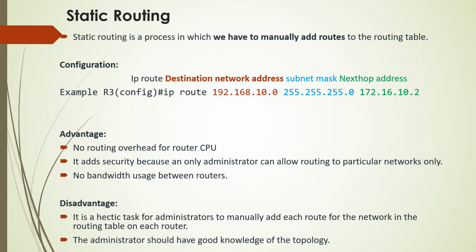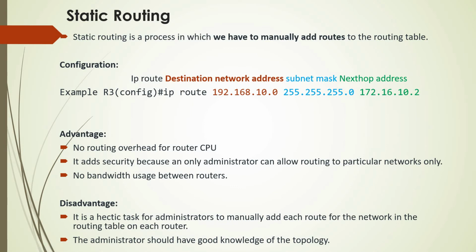Like that, the administrator has to set all the information for each and every router. This is the configuration rule: ip route, and the destination network address first, then the corresponding subnet mask address, and then a next hop address. We need to type it like this when we are configuring the router.